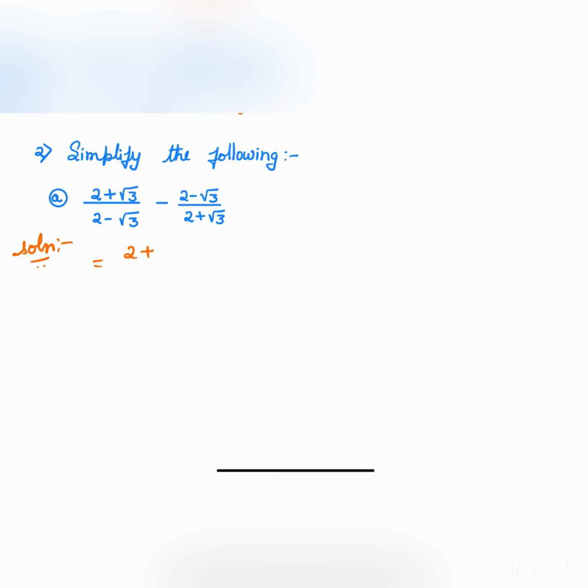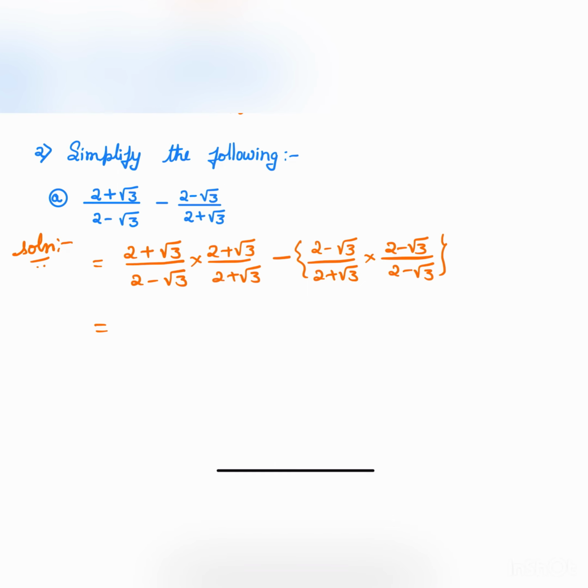2 plus root 3 divided by 2 minus root 3 into 2 plus root 3 divided by 2 plus root 3. And we have minus, so let us keep minus there. And we can rationalize this term also, 2 minus root 3 into 2 minus root 3 divided by 2 minus root 3.